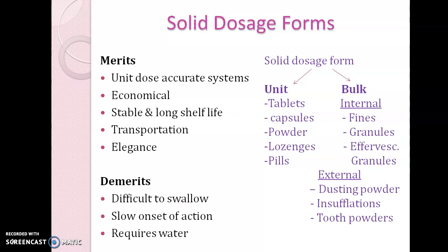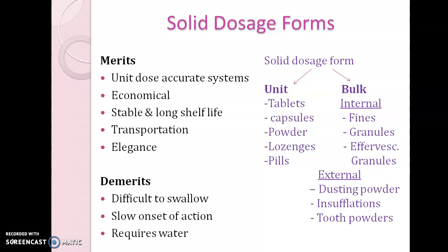Demerits: difficult to swallow for children and elderly patients, slow onset of action since disintegration and dissolution time is required, about 15 to 30 minutes, and it requires a glass of water while taking the particular dosage forms. Basically, solid dosage forms get classified into unit dosage forms and bulk dosage forms.